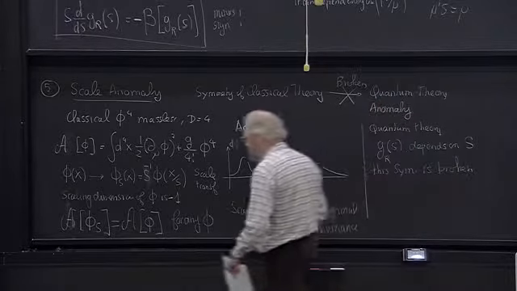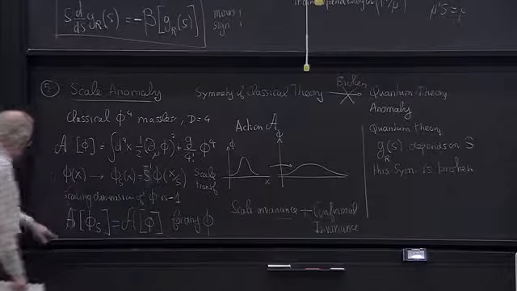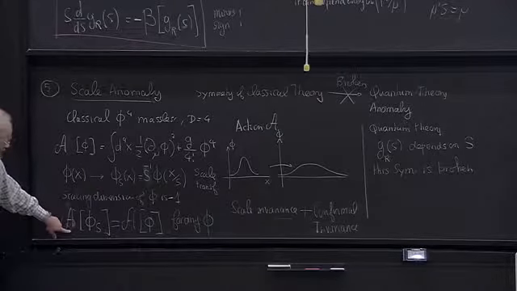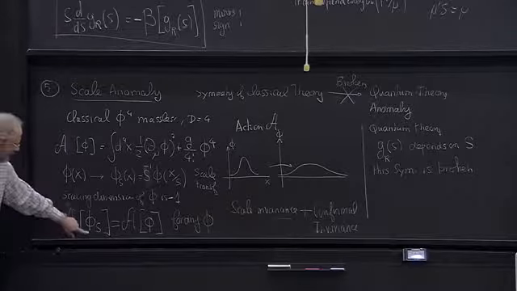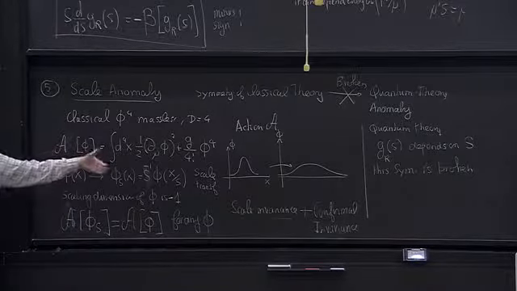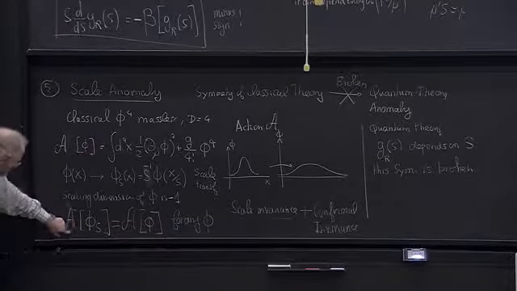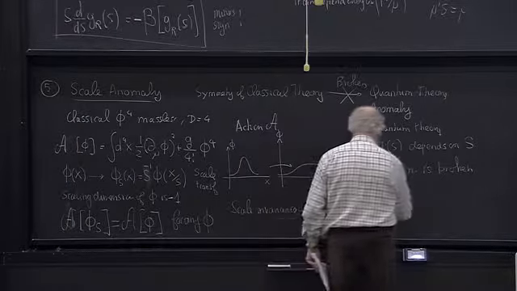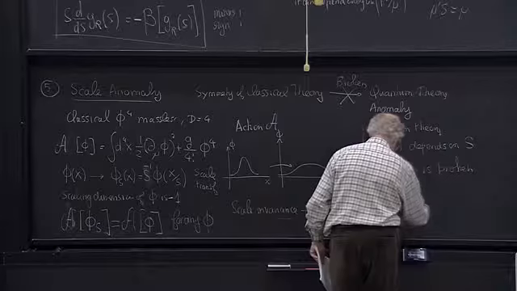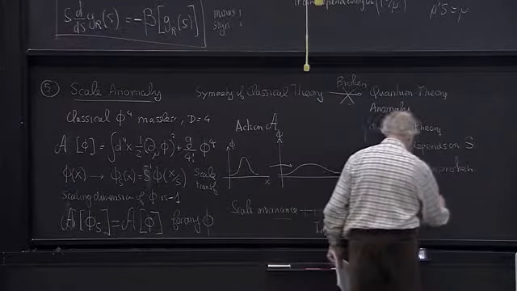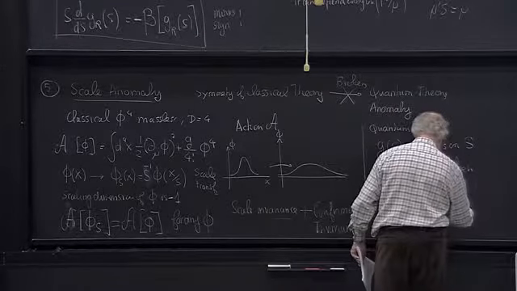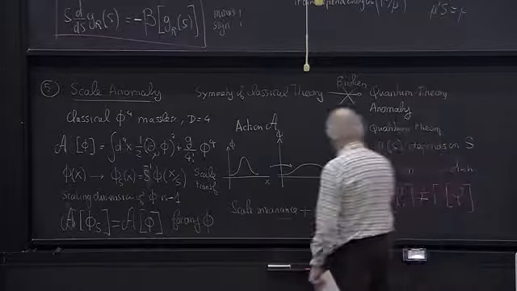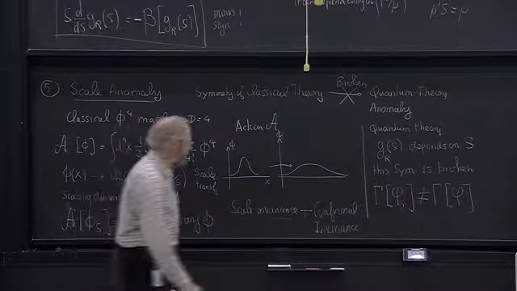You can, for instance, state that if you replace the classical action by the quantum effective action, and the classical field by a background field, this is not equal to this. So the quantum effective action of a given φ_s is different from Γ of φ, where this is the quantum effective action.